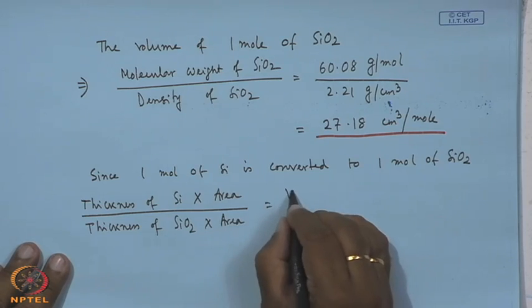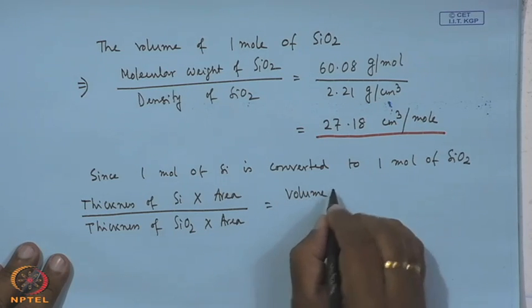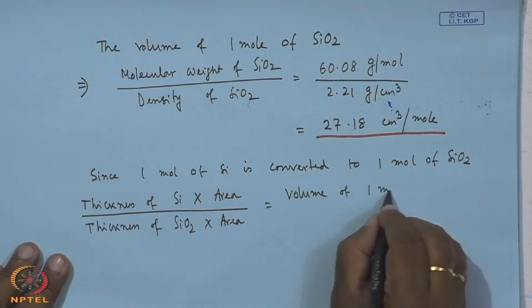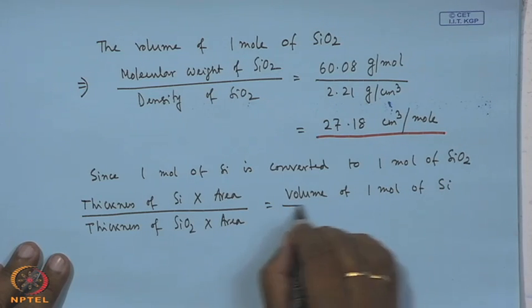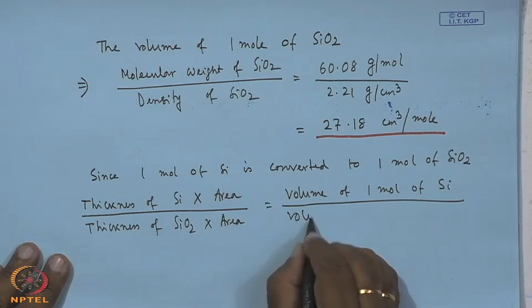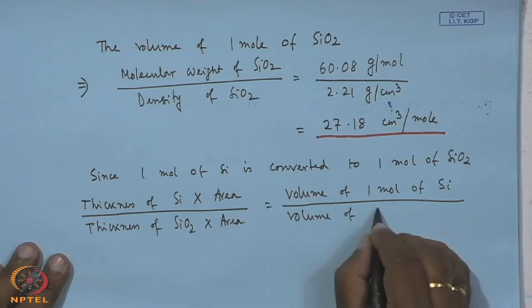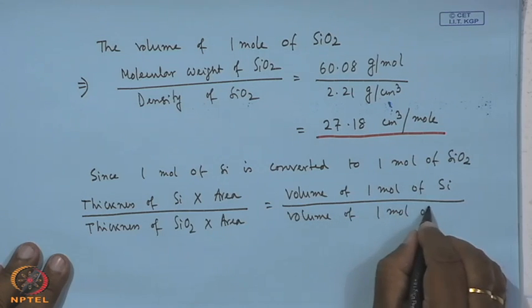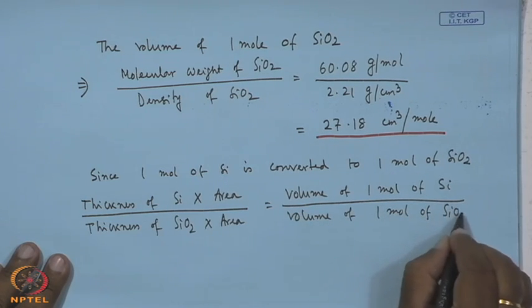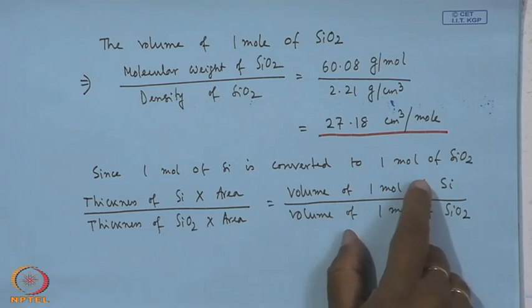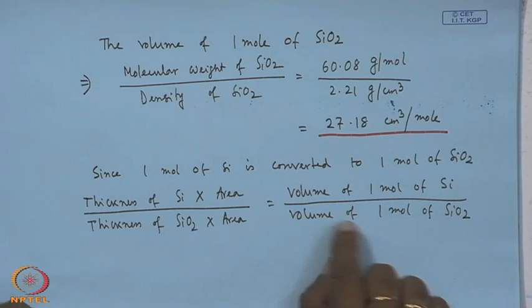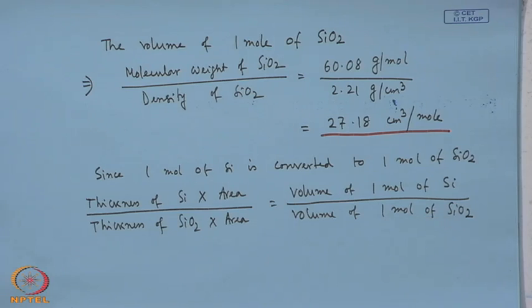So, you will get the volume of 1 mole of silicon to the volume of 1 mole of SiO2. Now, we have already calculated the volume of 1 mole of Si and the volume of 1 mole of SiO2.